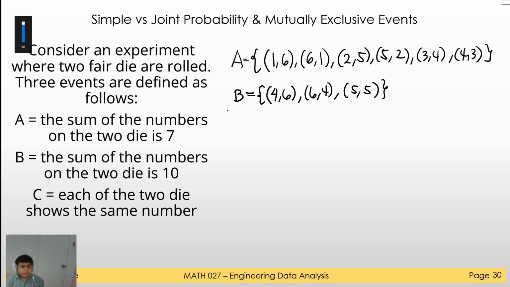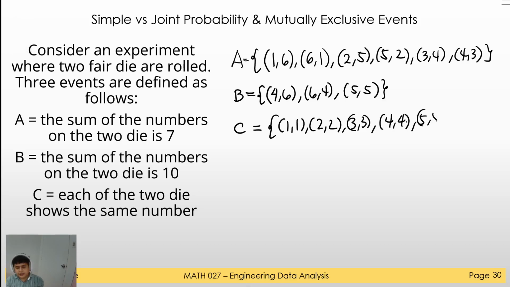So that is for event B. For event C, if the two dice show equal numbers, we have 1 1, 2 2, 3 3, 4 4, 5 5, and 6 6.